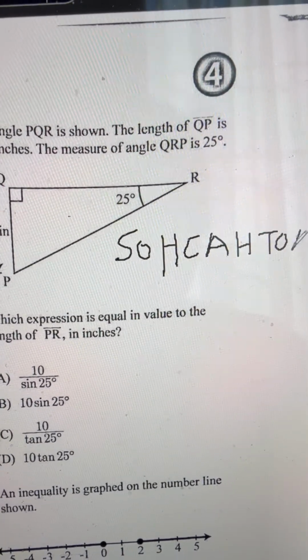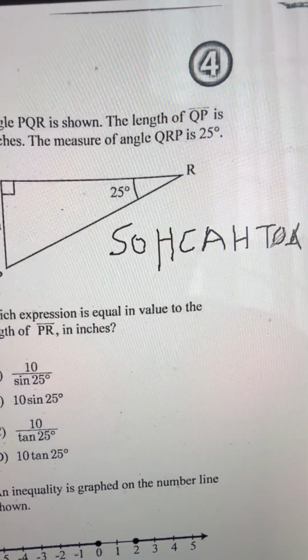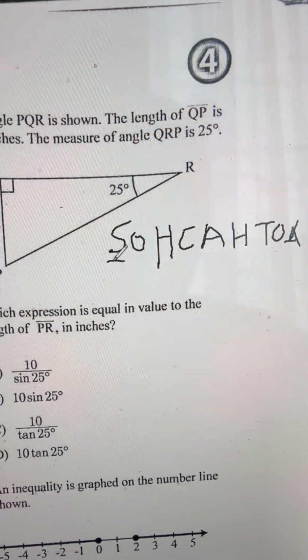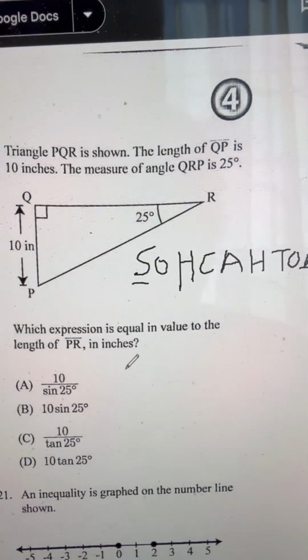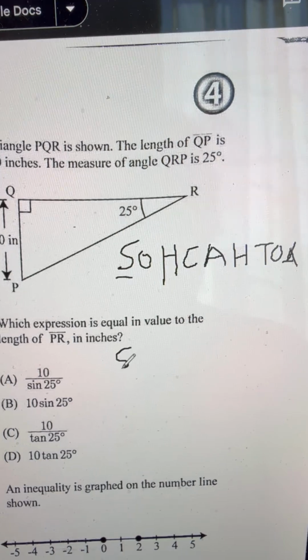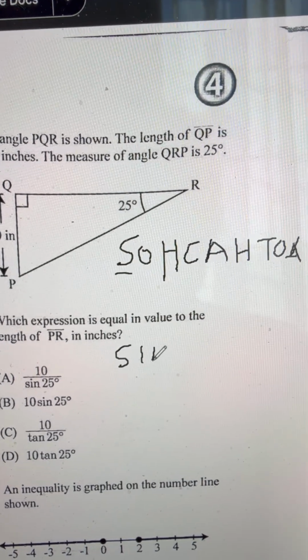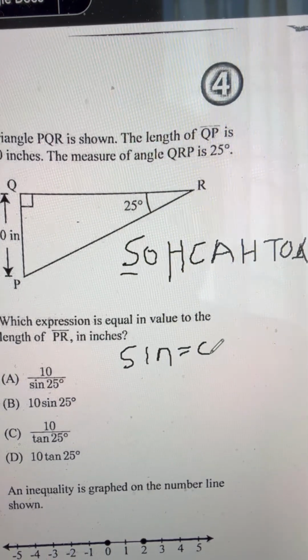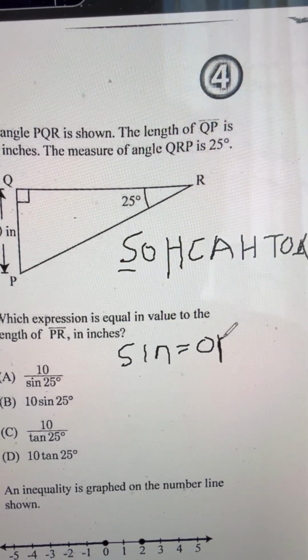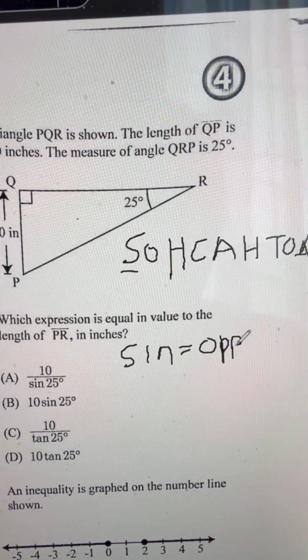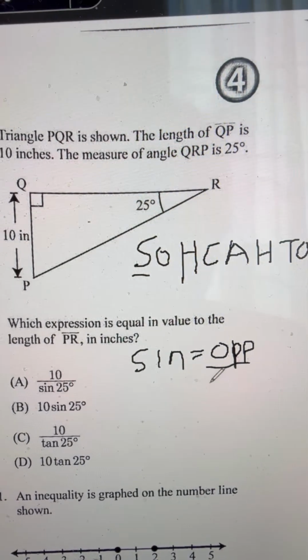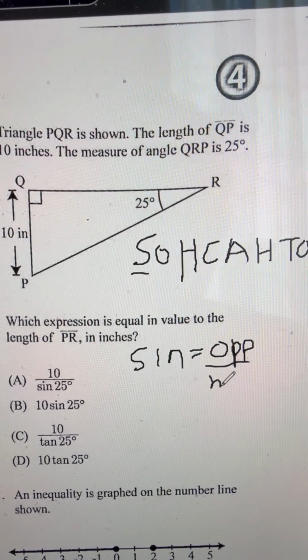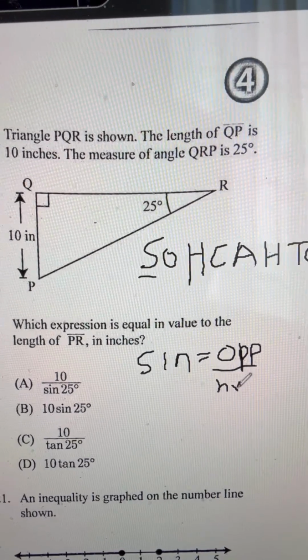And the first one is sine. S stands for sine, and sine is equal to opposite over hypotenuse, where O stands for opposite and H stands for hypotenuse. For this one, the hypotenuse is PR, if you notice that.